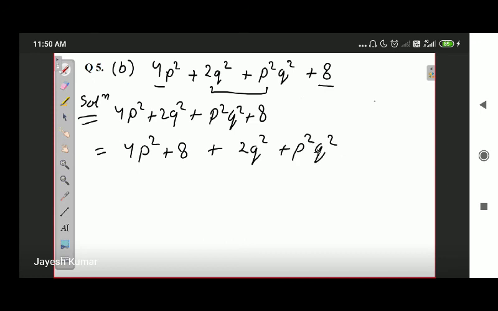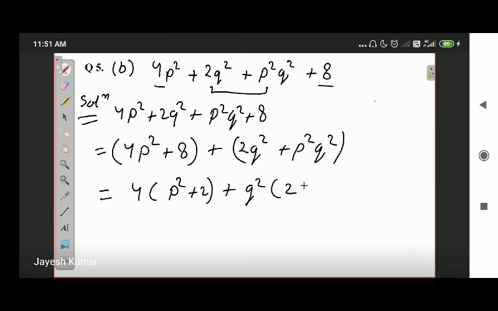Okay. So what we have done is we have taken first and last term together and middle term together, and now we are going to take common, as much common as possible. So out of 4p square and 8, 4 is common, the remaining is p square plus 2. Out of 2q square and plus p square q square, we have q square as common, and the remaining will be 2 plus p square. Let me rewrite this as well.